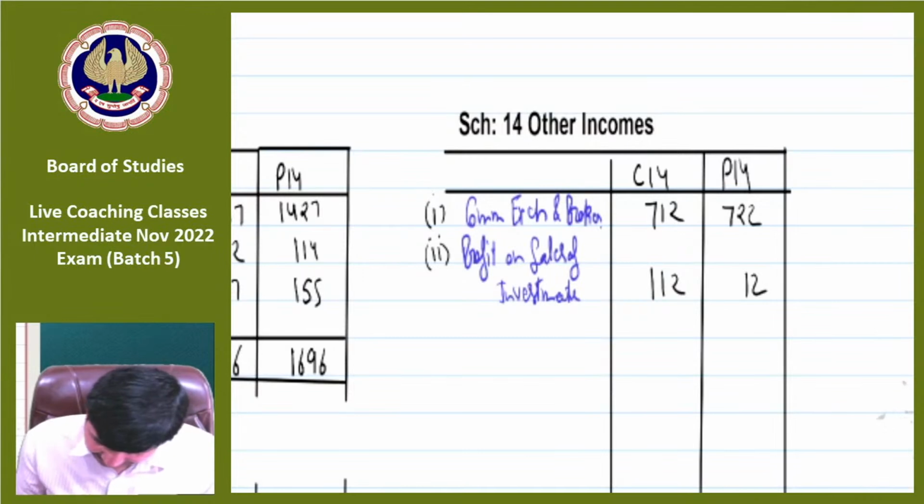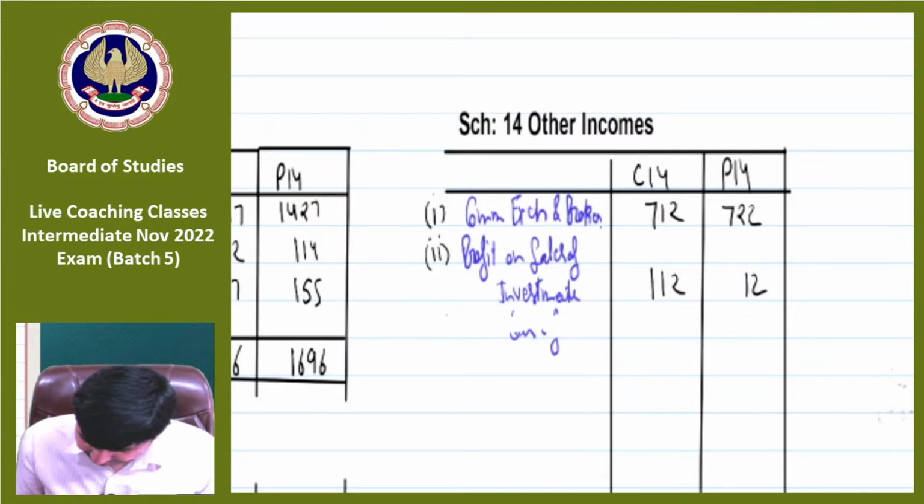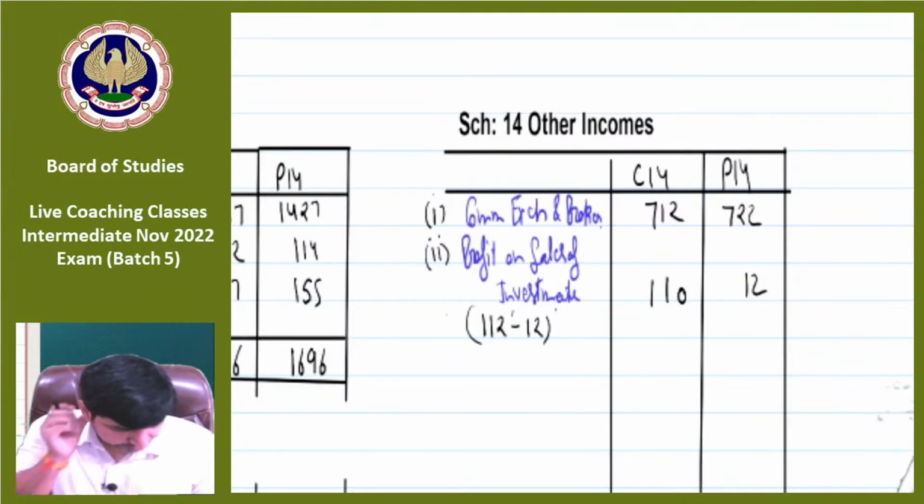But keep in mind the figure which was adjusted there as a loss of investment. Beta, that will also be adjusted here as a loss of investments. In actual, 112 will be compensated by these things. 112 minus 12, that is 110. Okay.